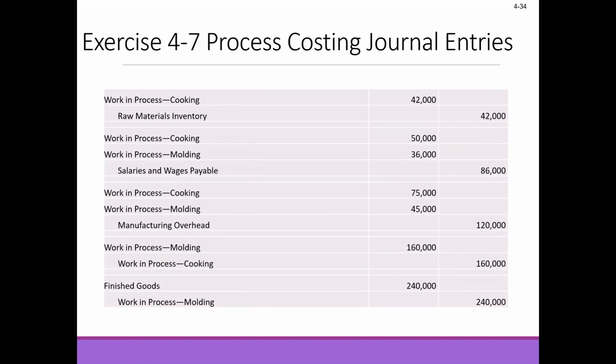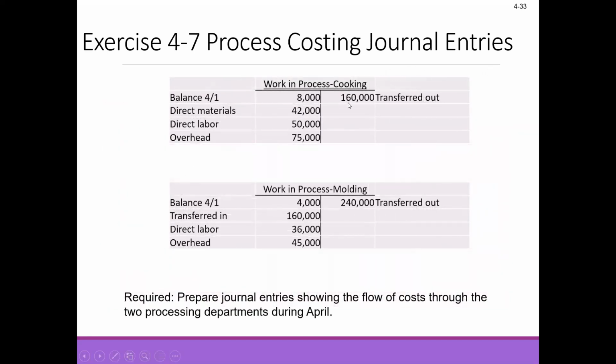We had to transfer the 160 out of cooking into molding. So that journal entry would have been work in process debit molding for 160, work in process credit cooking for 160. Where did that come from? The 160 here, the 160 here.